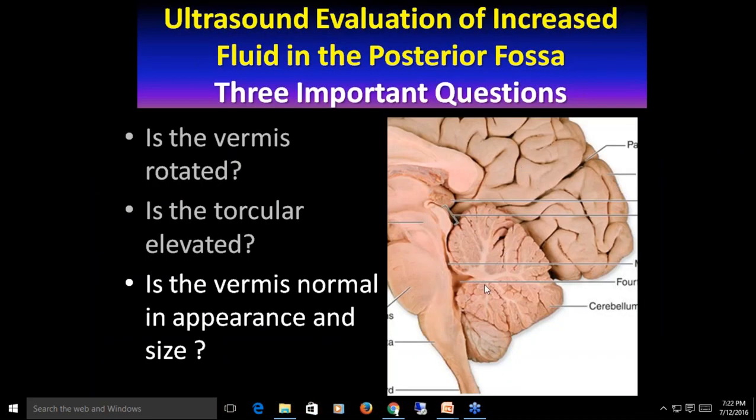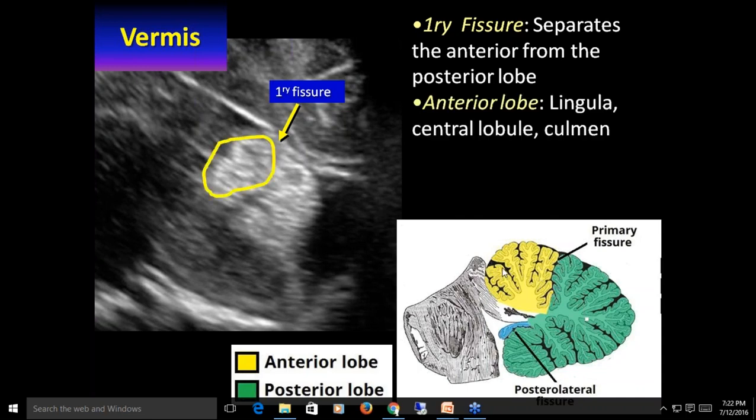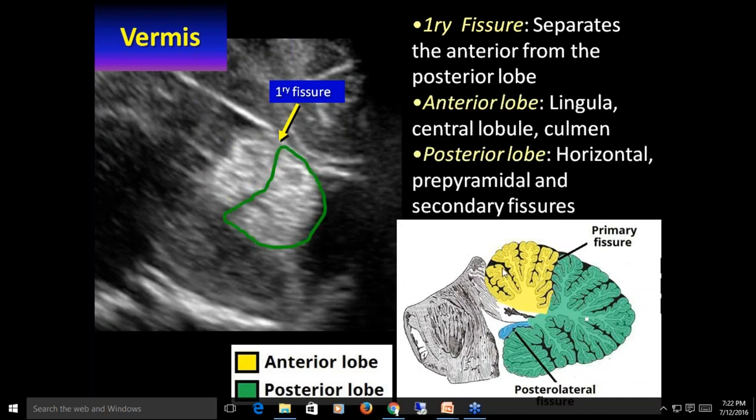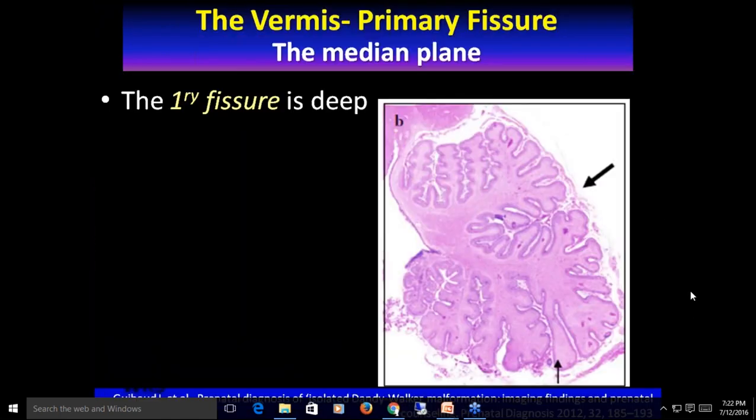So now let's turn to the third question. Is the vermis normal in appearance and size? The vermis has a primary fissure that separates the anterior lobe from the posterior lobe. There is a ratio of 1 to 2 between the anterior and the posterior lobes.